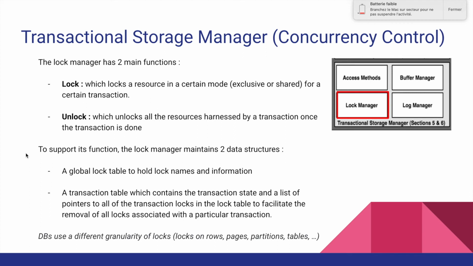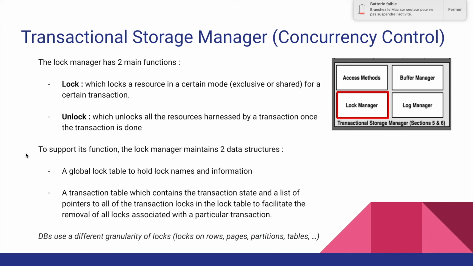It facilitates the removal of all locks associated with a particular transaction. A quick comment here: a database management system can use a different granularity of locks, so locks on rows, pages, partition tables, and so on.